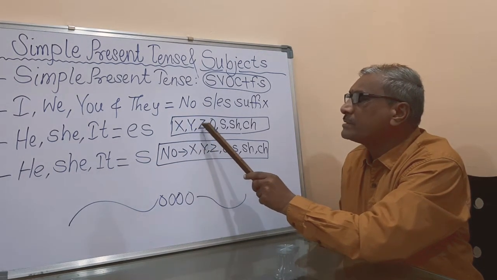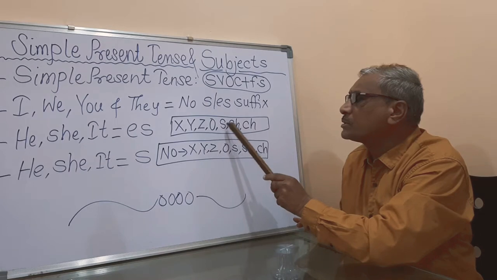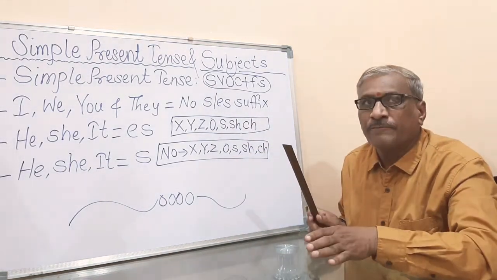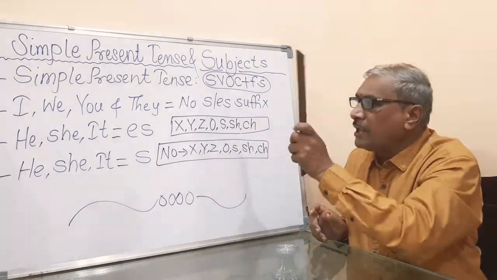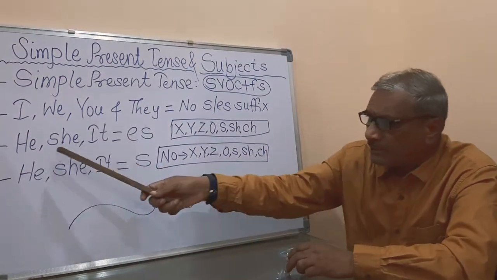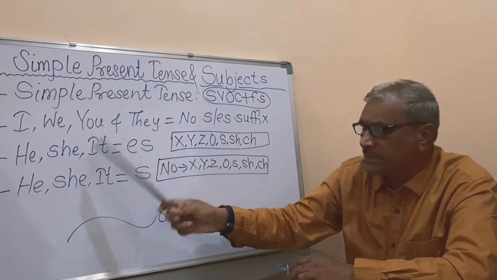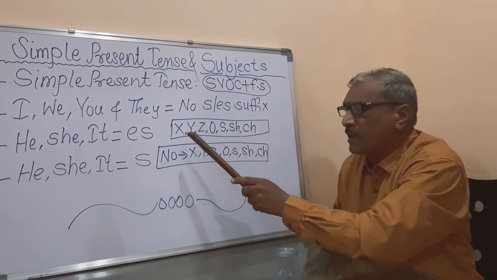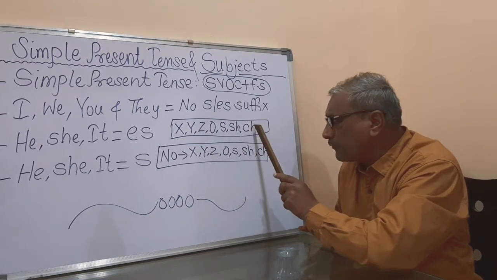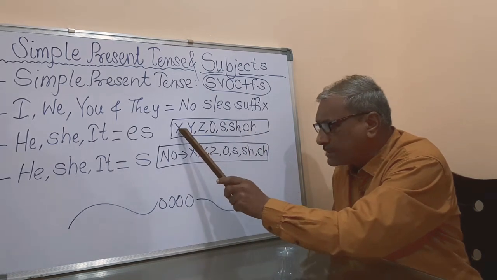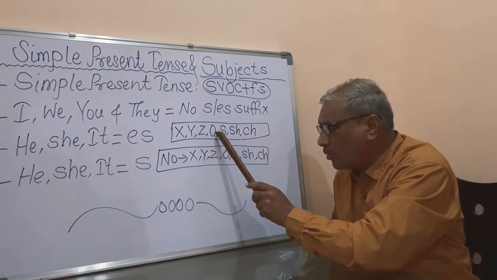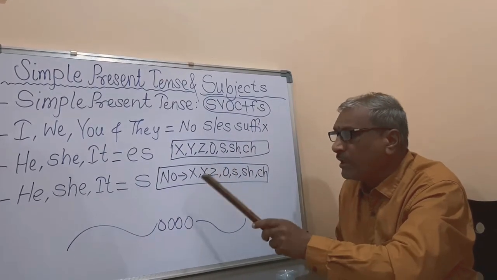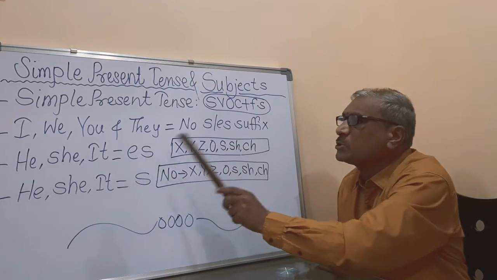X, Y, Z, O, S, SH and CH. So what is the rule there? The rule is that if the subjects are he, she, it in the simple present tense, and if at the end of the verb the letters are among X, Y, Z, O, S, SH and CH, then we add or attach the es suffix to the main verb.